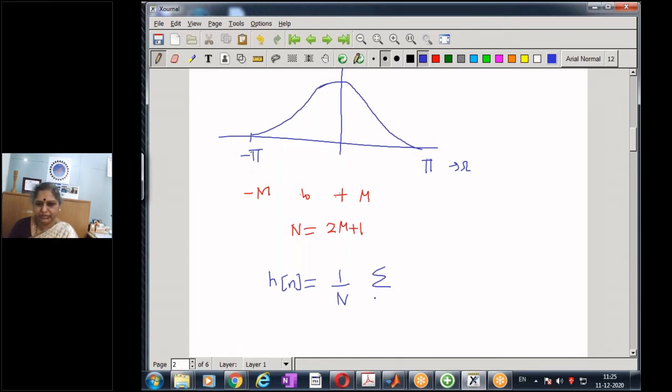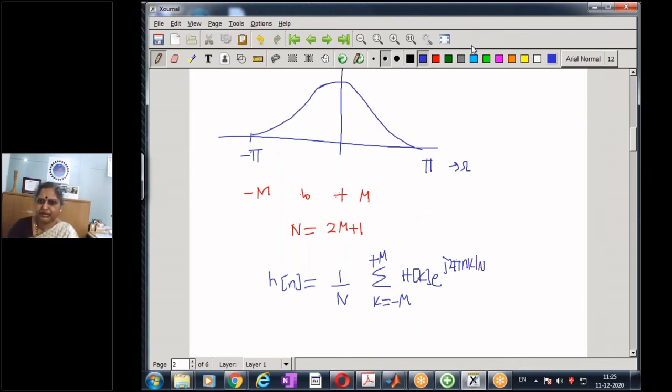So I am going to take my samples going from k equal to minus m to plus m, of h of k e to the power of j 2 pi nk by n.